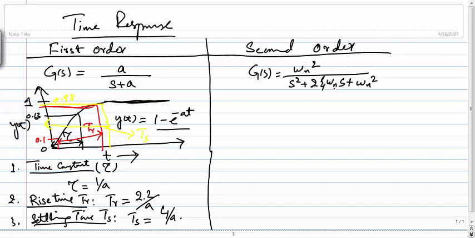So don't forget this s. I forgot it in the previous video lecture, so don't forget this s. Okay, so this is second order system.